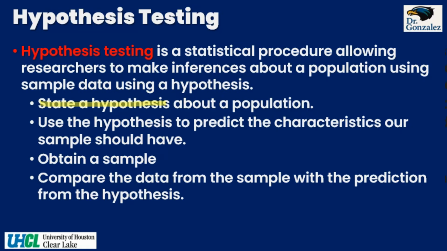So our hypothesis is going to need to predict that characteristic that our sample should have. If I'm trying to prove that in a population, there's a relationship between X and Y, I need my sample to have those characteristics that are equal to the population so that I can use that sample to make a conclusion about the population, because that sample is representative, right? So I need to have those predictive characteristics there.